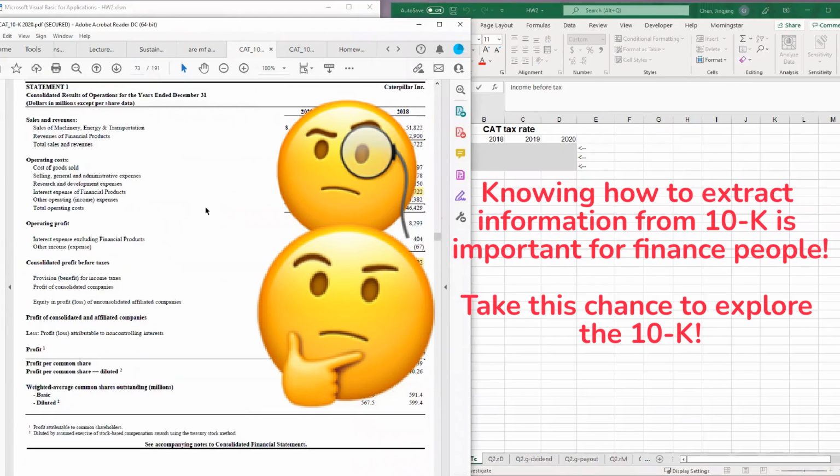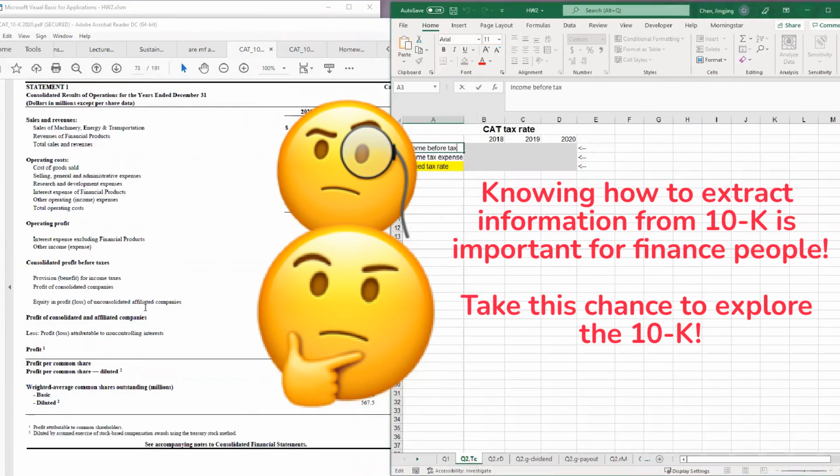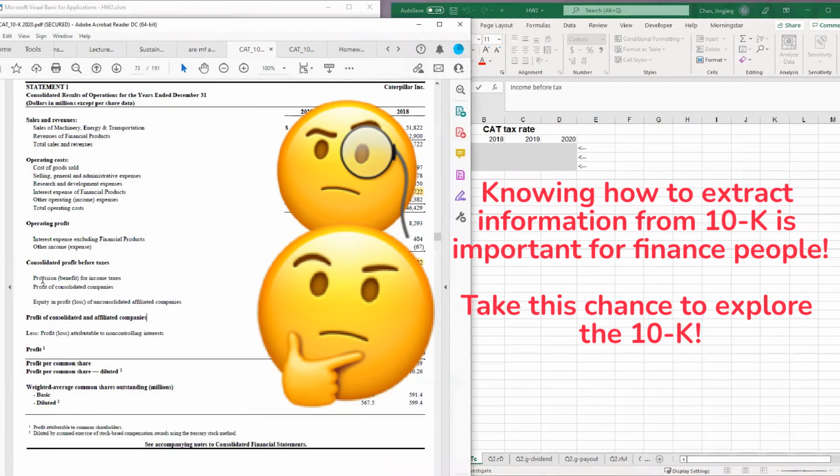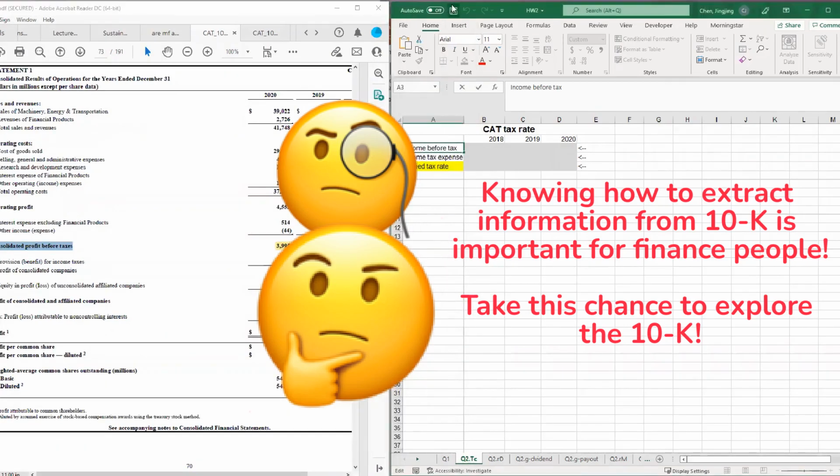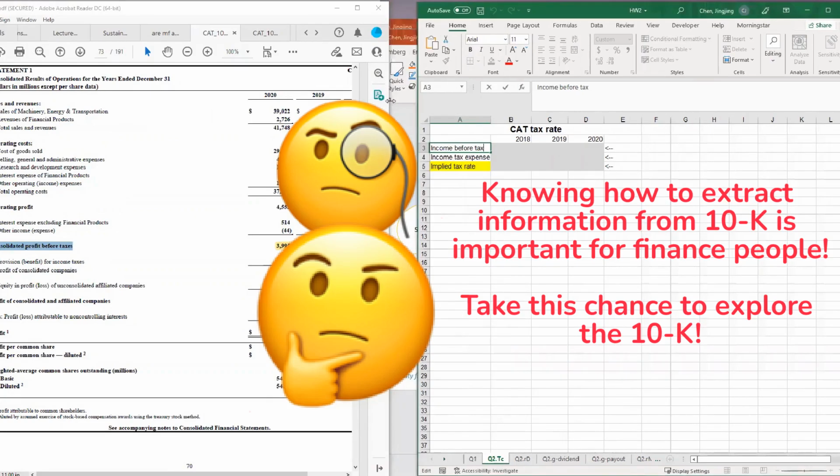I'll first go to the income statement here and want to find income before tax. Usually it will be here. After you calculate the sales, the costs, and the operating profit, you get the number for profit before tax. So here are the numbers for 2018, 19, and 2020. Now you need to notice that it will be a little bit confusing that the order here is not really matching.